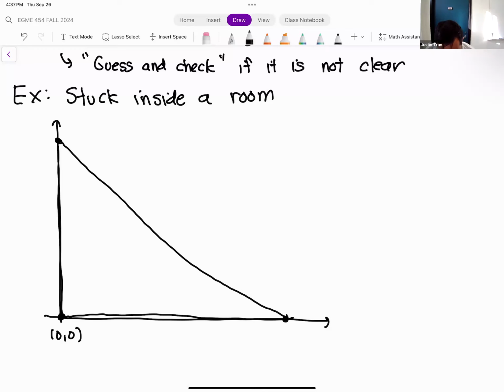So let me go ahead and define the vertices of the room. Let's say that this is point 0,4. And this is 4,0. Okay, so it's a right triangular room. And then here's you inside the room. And you're sad because you're stuck in the room.